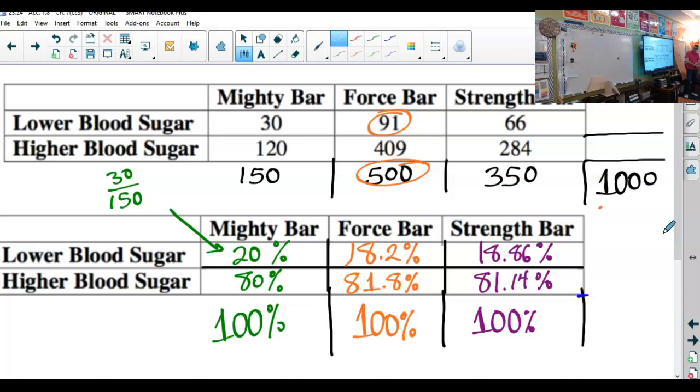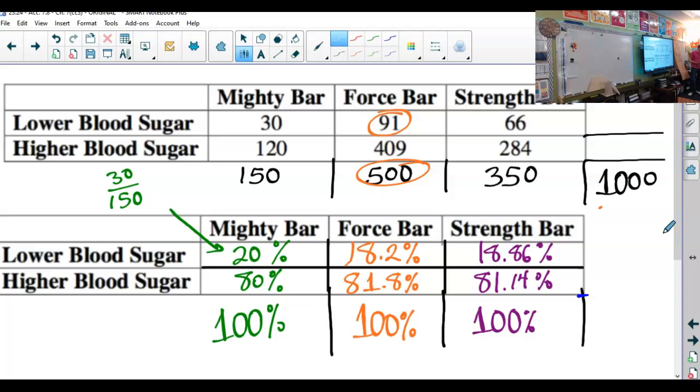High blood sugar is good. Do you want higher blood sugar? Well, it depends. If you're exercising, then yeah, you want high blood sugar. But on average, no. If the purpose is you're going to eat this before you exercise, raise your blood sugar and then bring it back down, and we're comparing the bars, is there a substantial difference between the bars? No, not really.